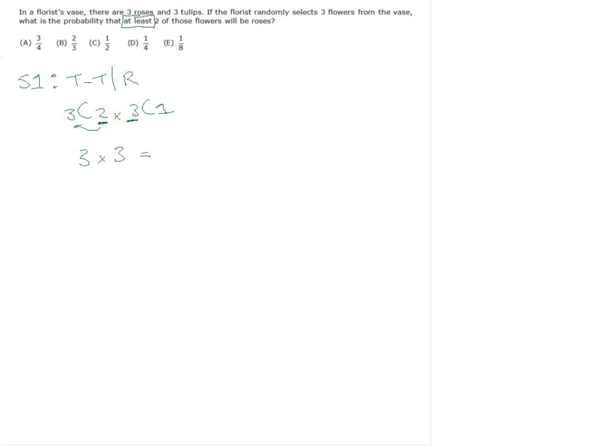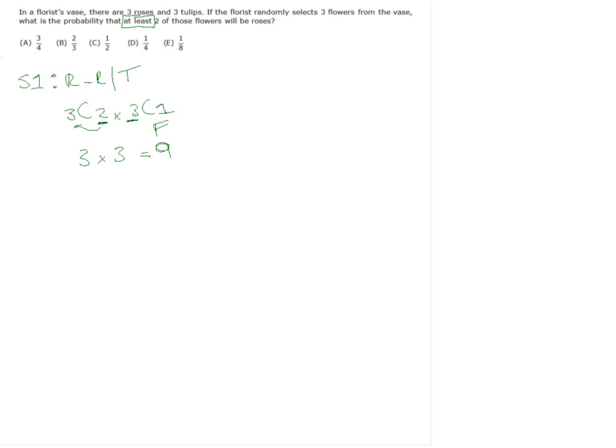So we know that there are 9 ways to deal with getting the 2 roses and 1 tulip. Oh, I think I wrote that backwards actually. 2 roses and 1 tulip. Glad I caught that. So now we just have to do the total outcomes.